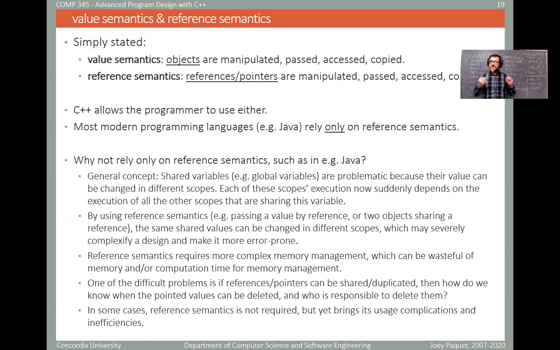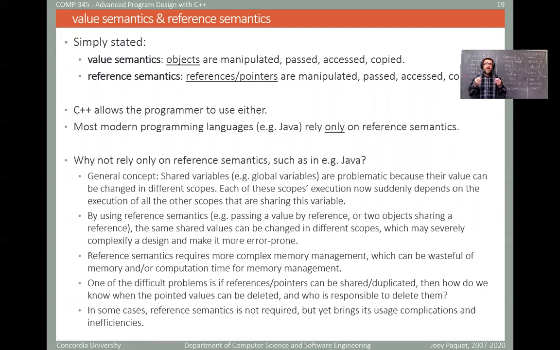Yes, this is desirable very often, but if this is happening all the time and you have no way around it, that can lead to more complexity of your design, make your design more confusing and potentially error prone. Also, reference semantics requires more complex memory management.